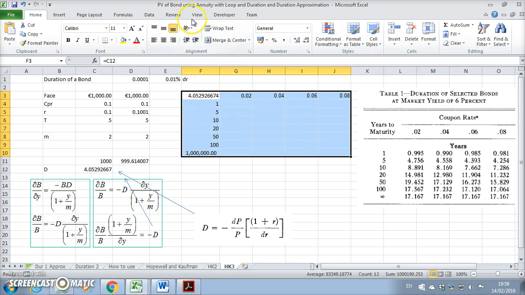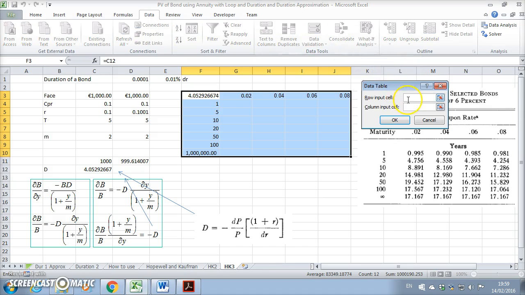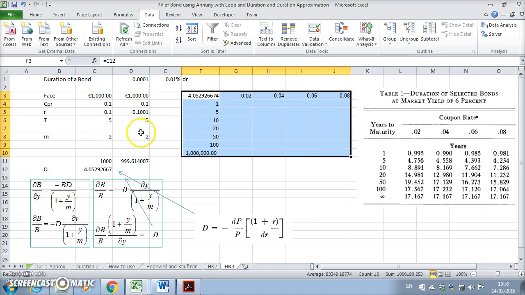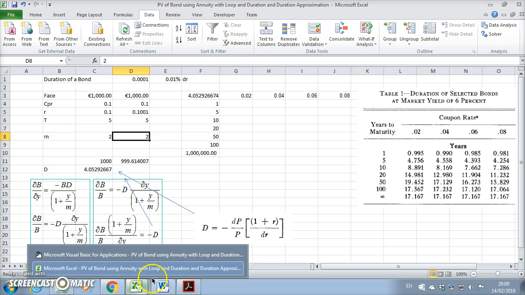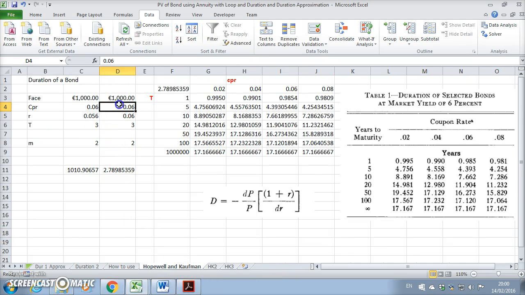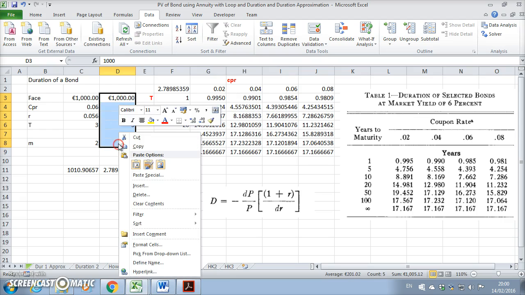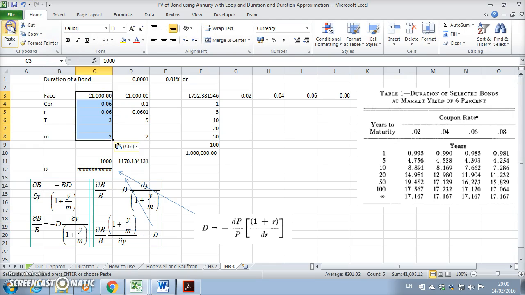Let's highlight everything. Go to Data tab, What If Analysis, Data Table. On the column we have the time period, so we're going to use T here. Now before I do this, I need to make sure I set out the same values that I had before. So let's go back to Kaufman Hopewell here, and we'll just copy and paste in.